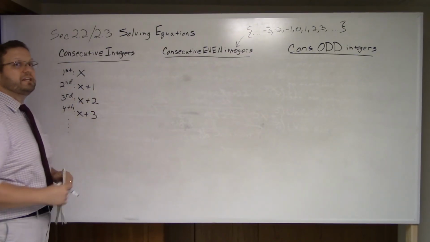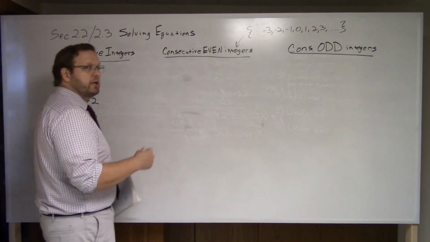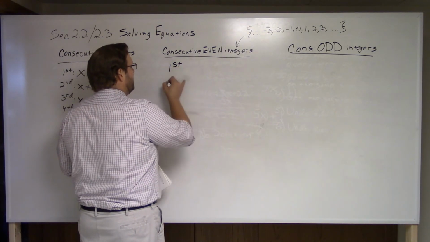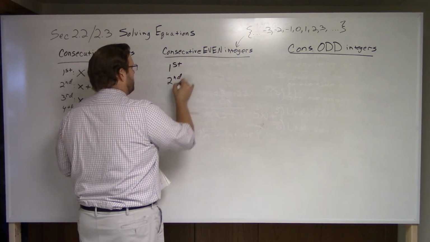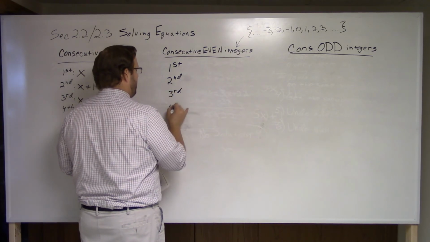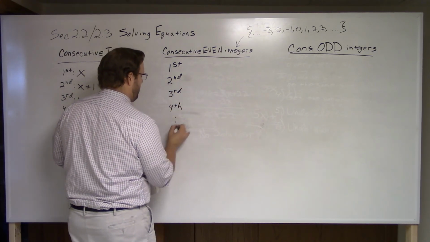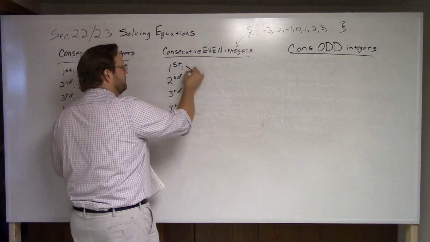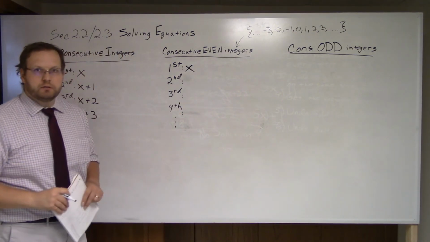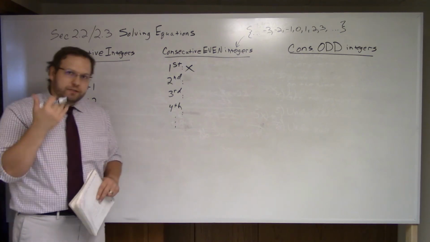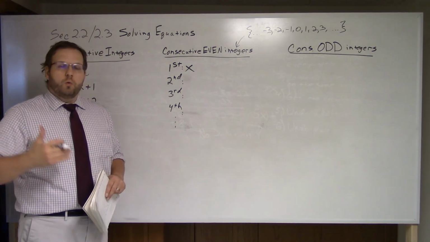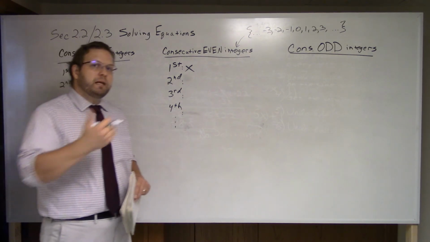Now if it's consecutive even integers, now we're talking 2, 4, 6, 8. Okay? So I'm still going to list how many I have. Okay? First one is always x. I got to start somewhere. Okay? Now let's go back to that 2, 4, 6, 8. Those are consecutive even numbers. What do I do to a 2 to make it a 4?